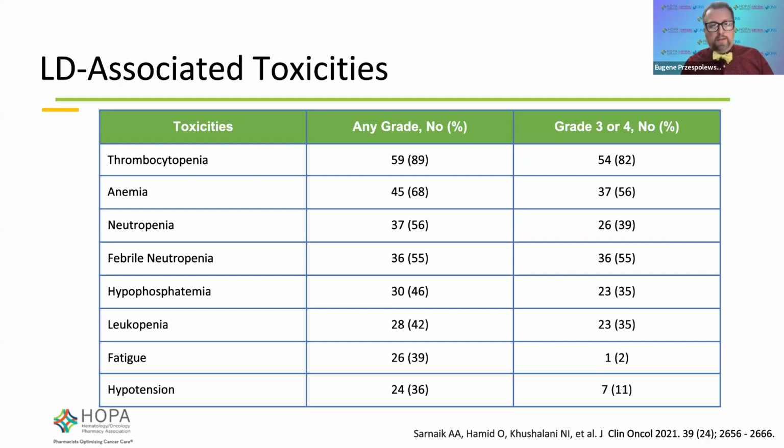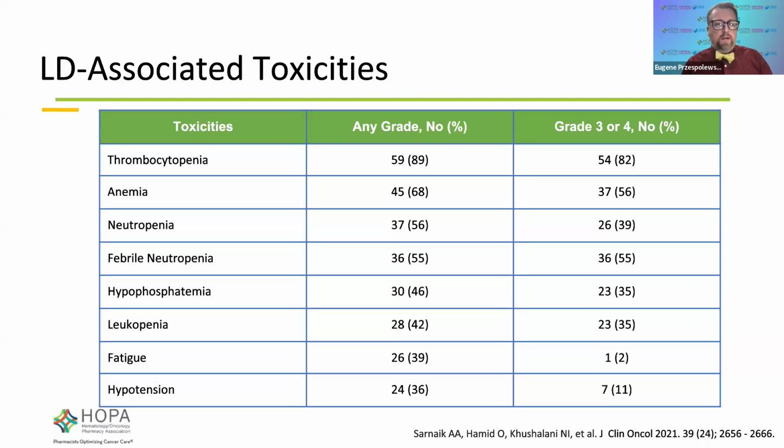So I don't think that this list is particularly a surprise to anyone. Lymphodepletion is known for myelosuppression, and so a change in blood counts is to be predicted from these therapies. Things like hypophosphatemia, leukopenia, fatigue are also really commonly associated with chemotherapy.